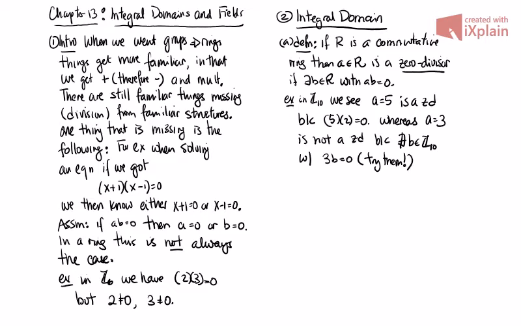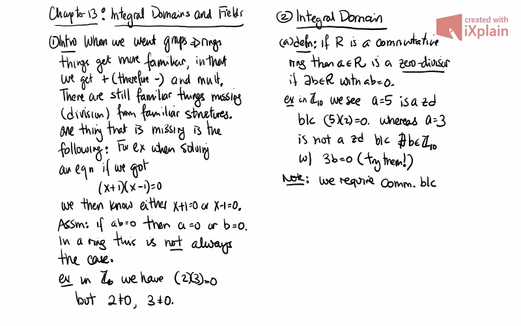Now just a little note. So there's a reason we require commutativity. So I'll tell you why. So the reason is, in a ring, it's possible to have ab being 0, but not ba.